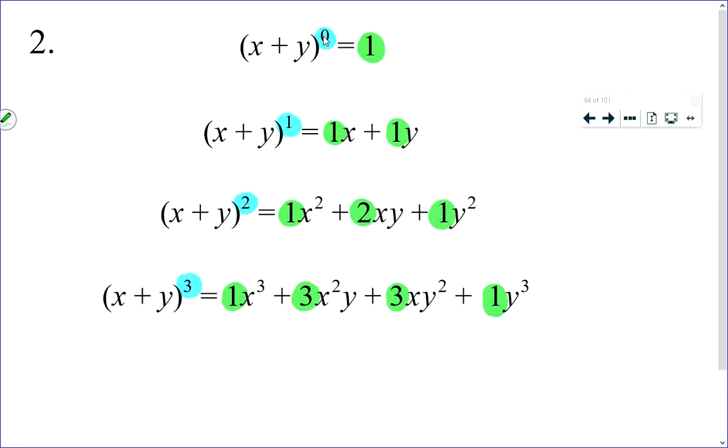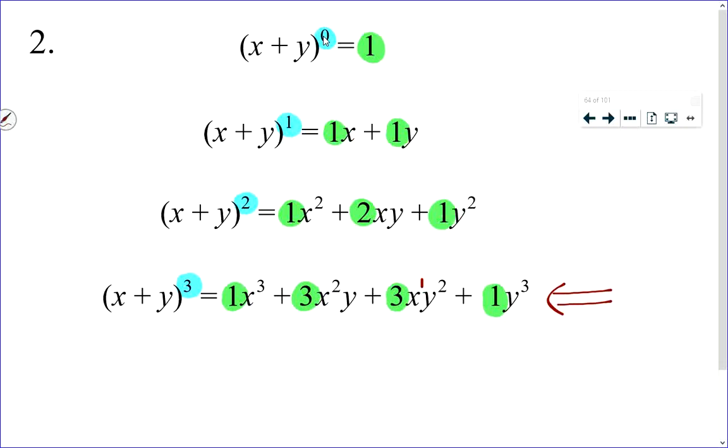And there's one more thing I want to point out to you, and I'm going to be using x plus y, quantity cubed, to illustrate this. The exponent on x in the first term is 3, in the second term is 2, in the third term is 1, and in the final term is 0.